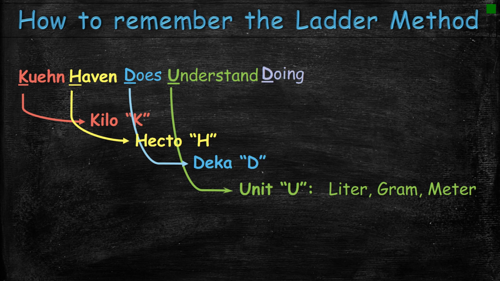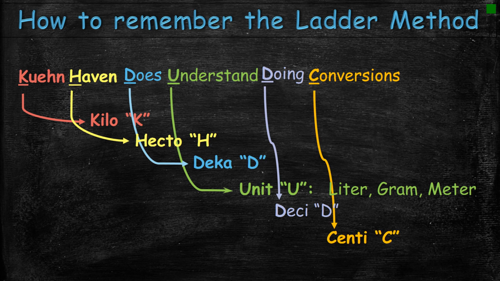Doing, what does it represent? Deci. Now I'll get into the difference between deca and deci later on. Deca is DA, the abbreviation. Deci is just the D. Conversion, you have the C, so what does it represent in the metric system?